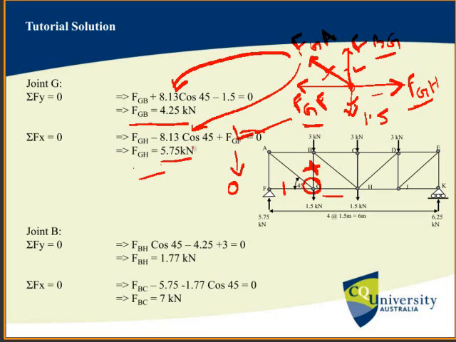Okay. Now we will consider joint B, and we have to draw the free body diagram for joint B. For this joint, the free body diagram will be like this one.